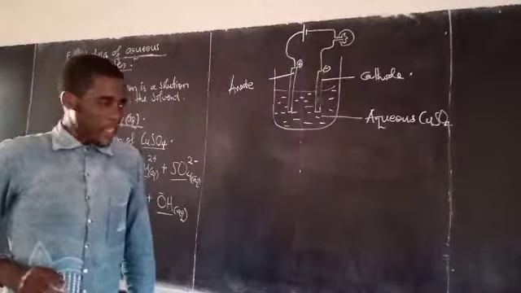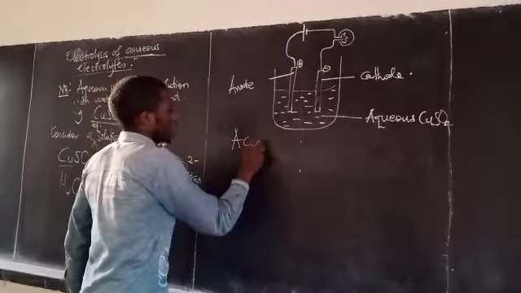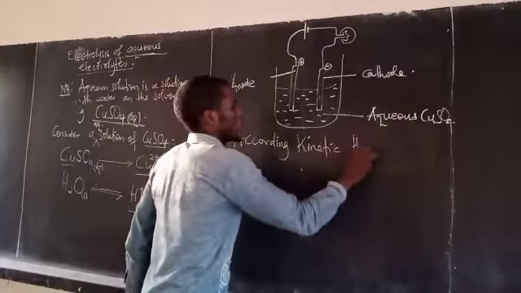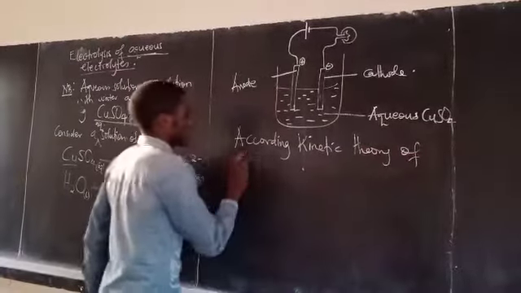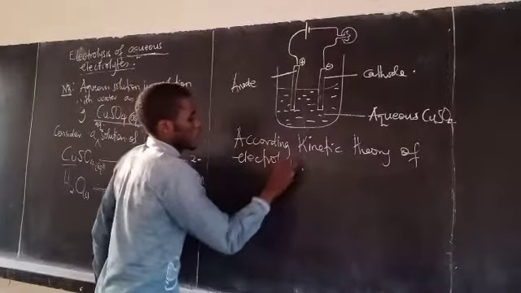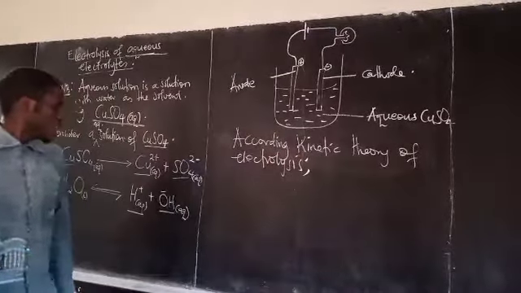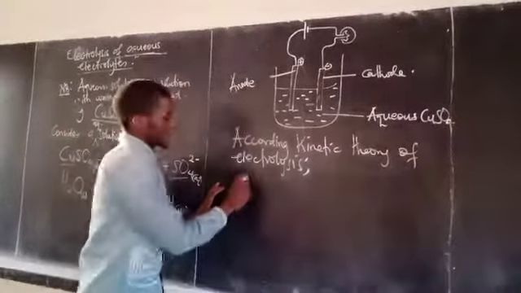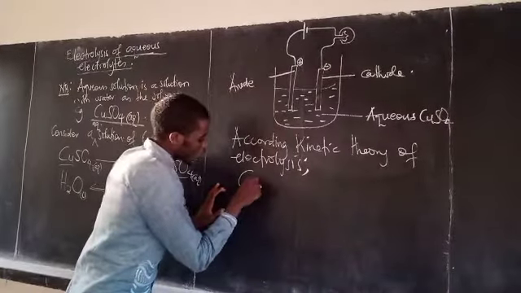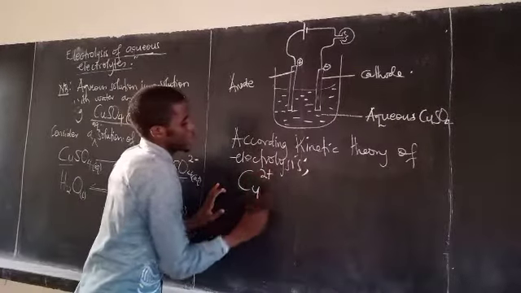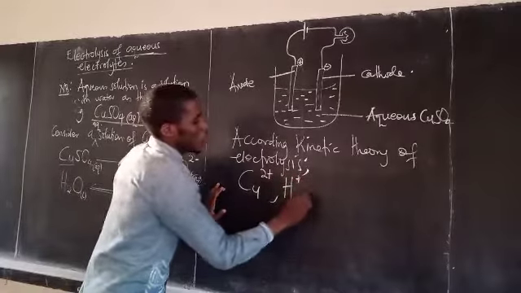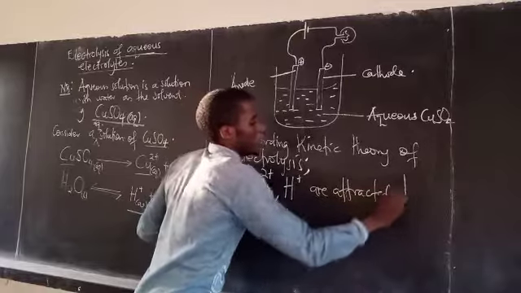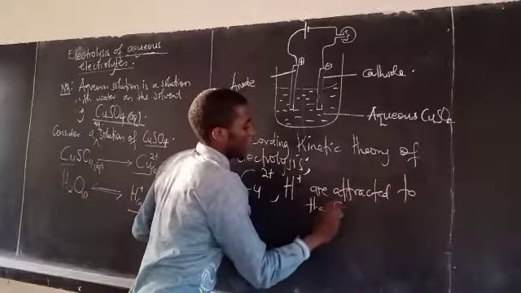Therefore, according to the kinetic theory of electrolysis, if you have this as your electrolyte, copper 2 ions and hydrogen ions will be attracted to the cathode.